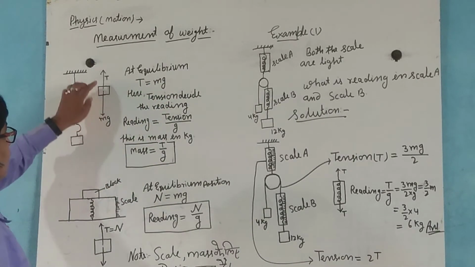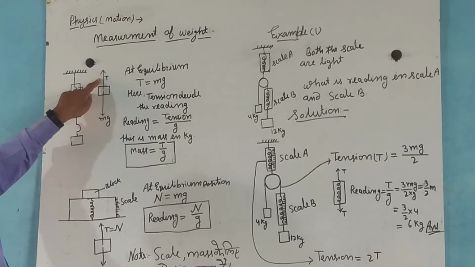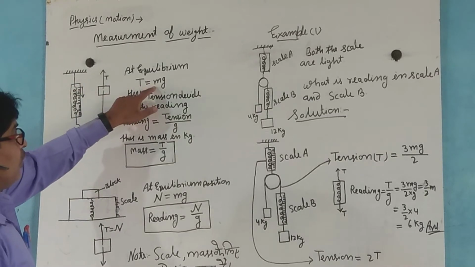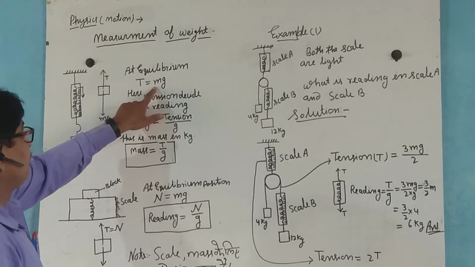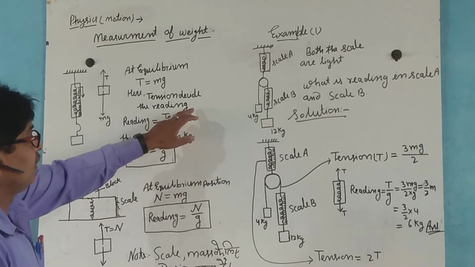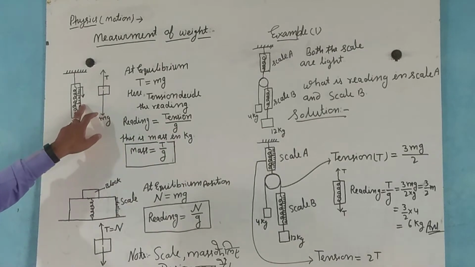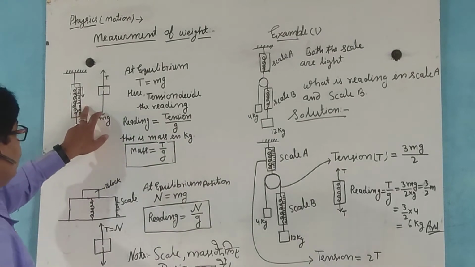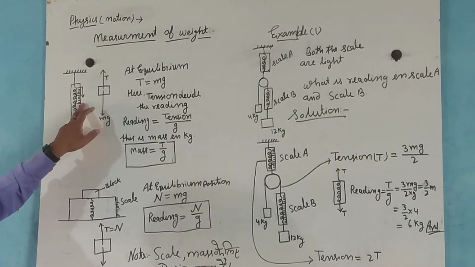In this case, tension T is equal to the weight of the block. Here tension decides the reading, and with the help of the scale we measure the mass of anything.